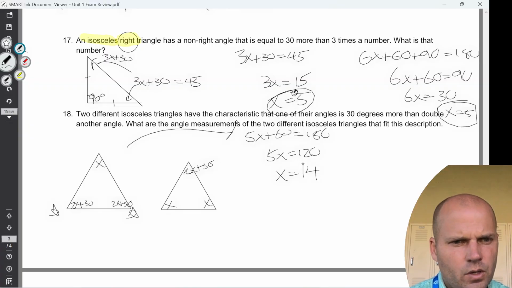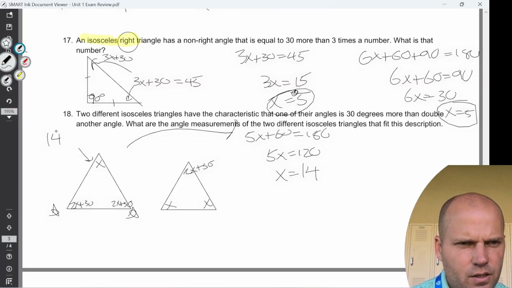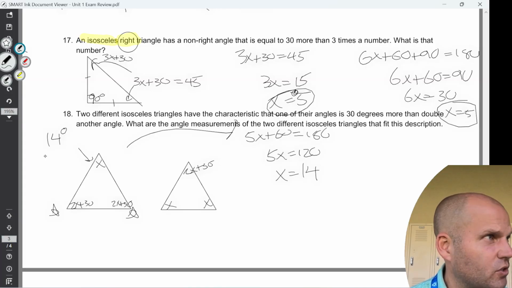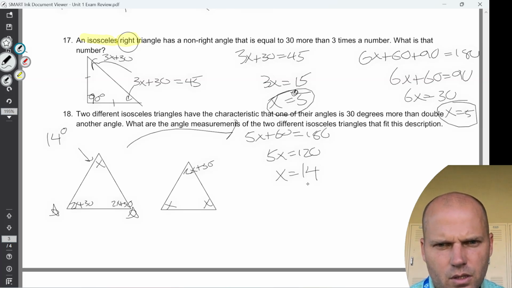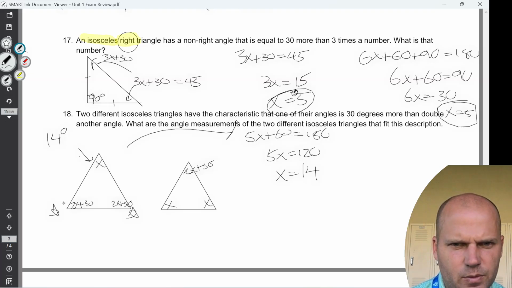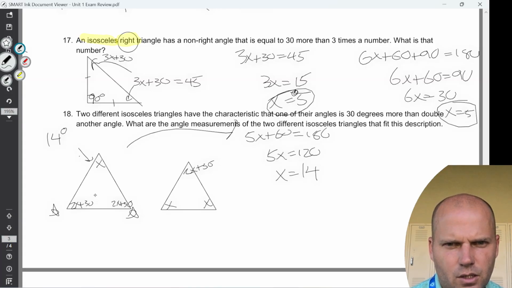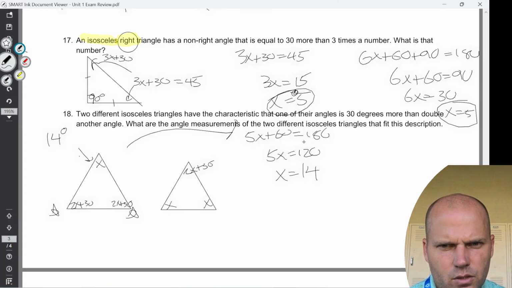14. So we'll have the angle 14, and then the other two angles are double that, which is 28 plus 30, 58. I screwed up. X, 2x plus 30, 2x plus 30, subtract 60 to get 120.